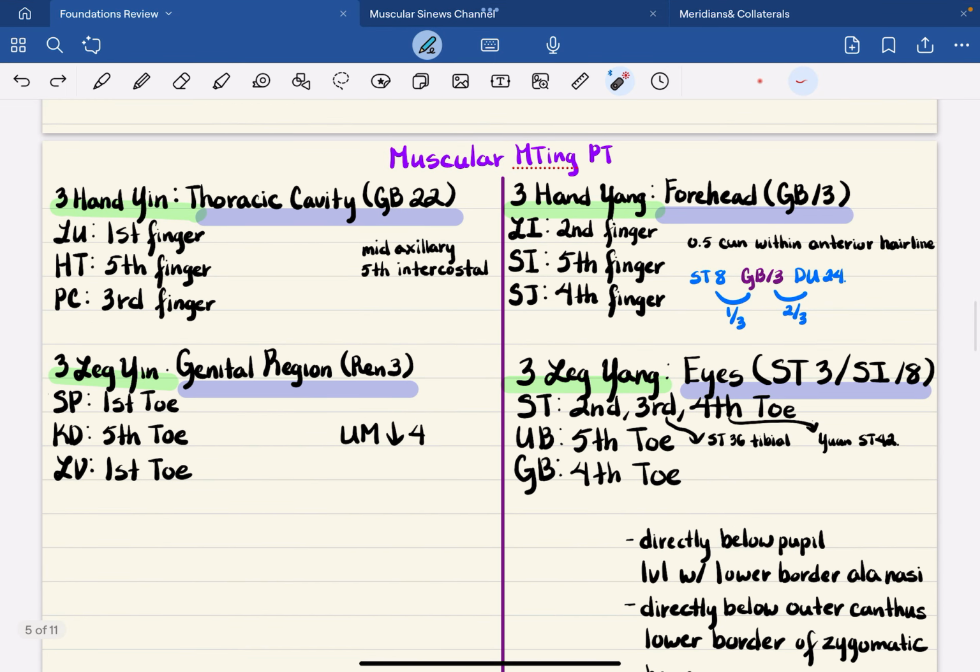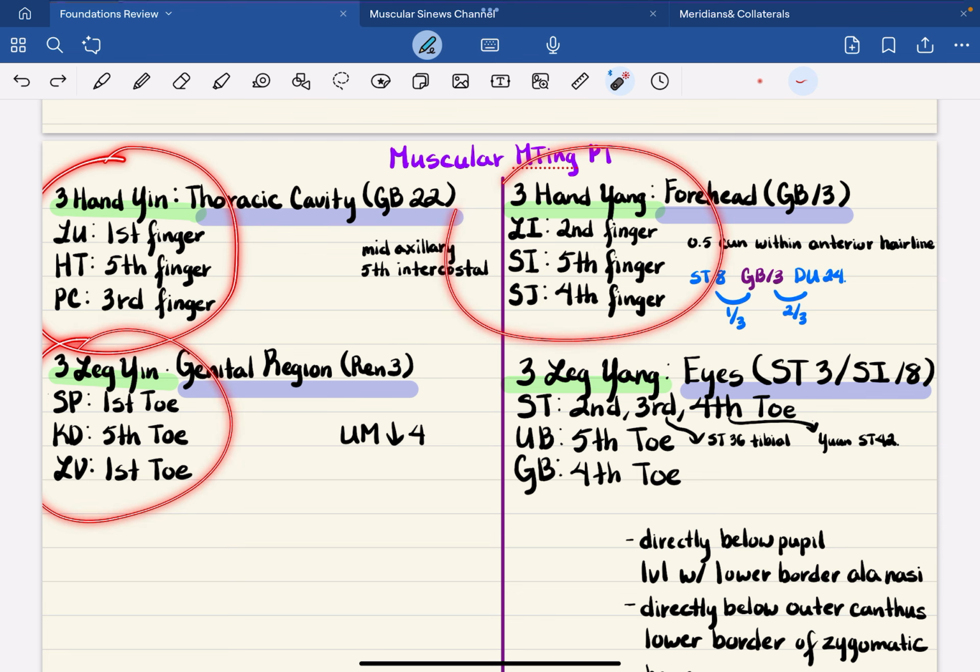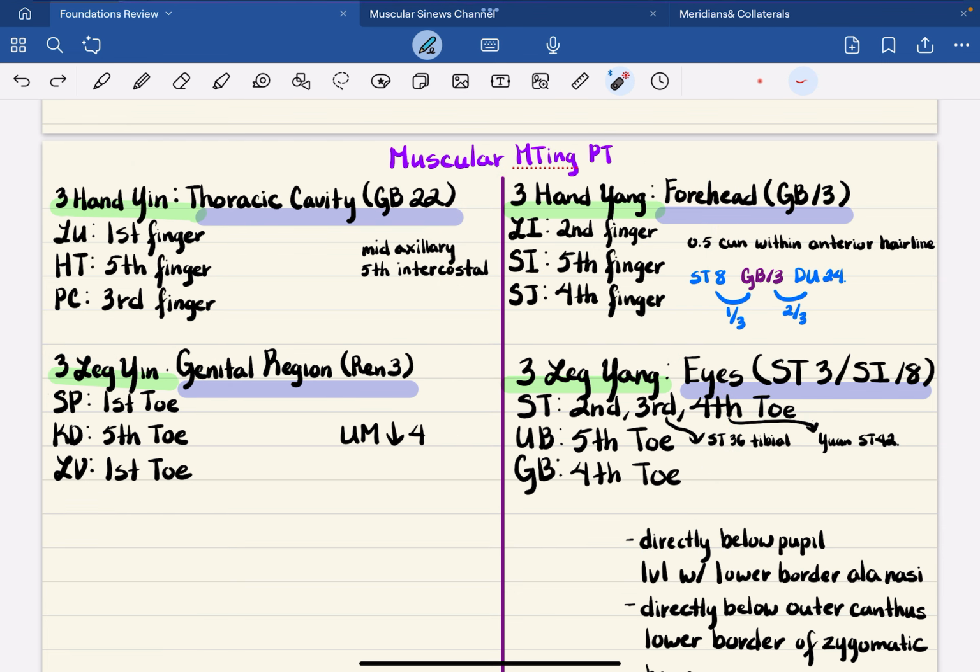There's another thing that you should also recall, which is the muscular meeting points. So there's certain meeting points for these groups of yin and yang, hand and leg. There's a way to remember this, okay? Since all the yangs, whether it's three hand yang or the three leg yang, they all go where? Somewhere in the head. But we have to remember that the hands are higher in reach than the legs.